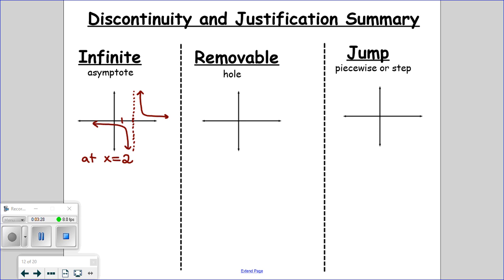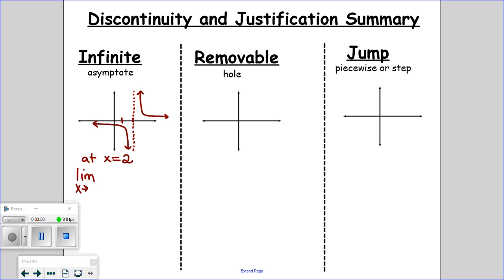Your justification, when it is an infinite discontinuity, is going to be either a right-hand limit or a left-hand limit that is headed towards an infinity. Okay, and I'm going to put both up here. You technically would only have to have one of those as your support or your justification.